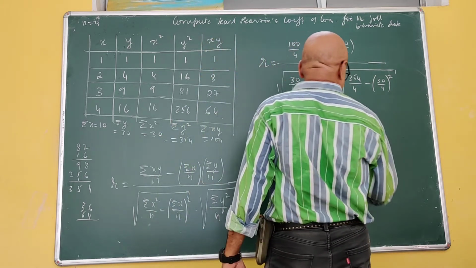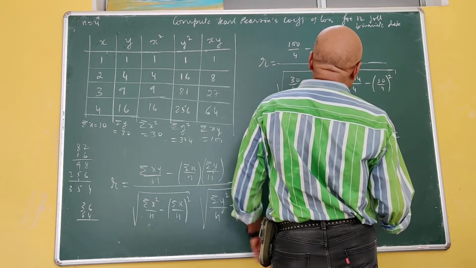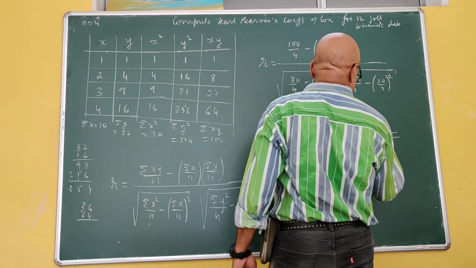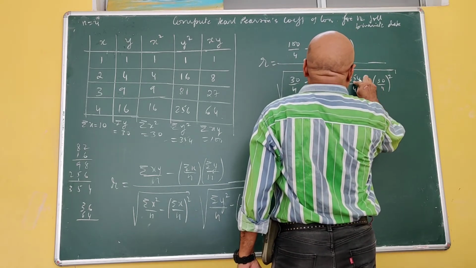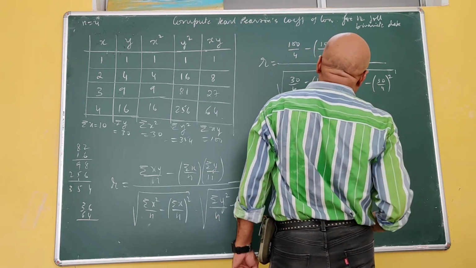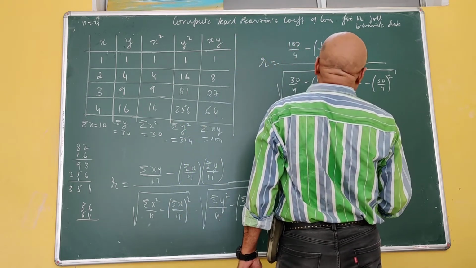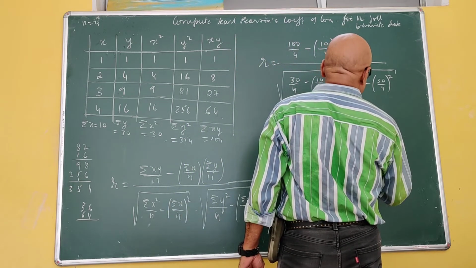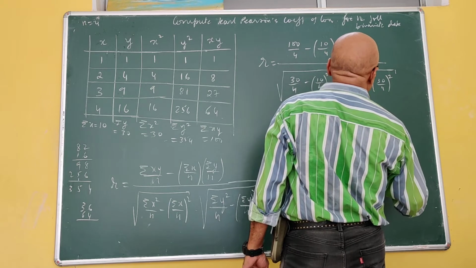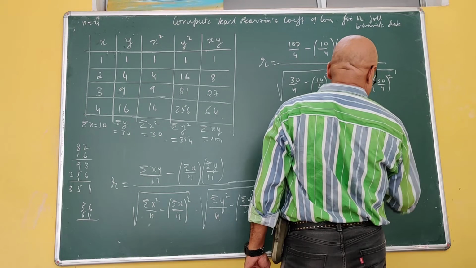Okay, and square root of, multiply by 4 here, 16, carry on 5 is 20, 21, carry 2, and 4 is 12, 12 plus 2 is 14, divided by minus, that's 900 divided by 16.